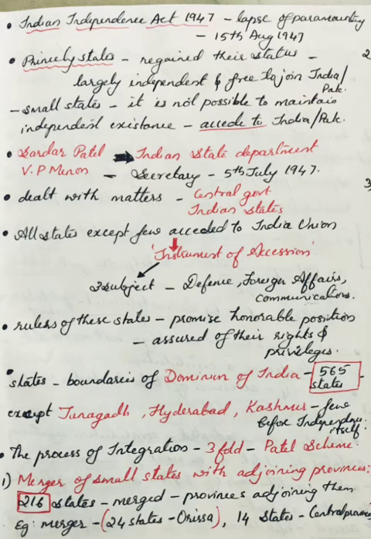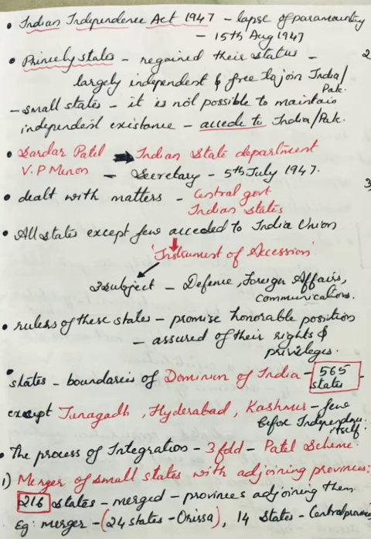This instrument of accession was a legal document first introduced by the Government of India Act 1935 and used in 1947 to enable each of the rulers of princely states under British paramountcy to join one of the new dominions of India or Pakistan, created by the partition of British India.